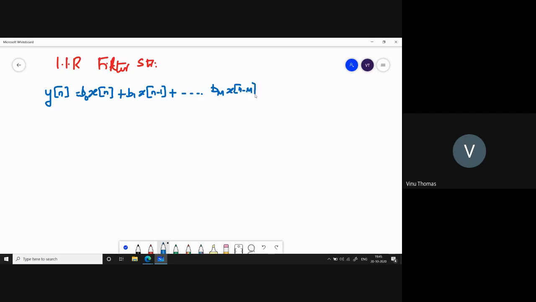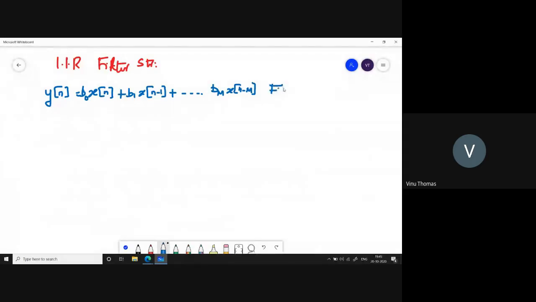This means the present output sample, at the given time instant n, depends on the present input sample and the past m input samples. This is for an FIR filter.